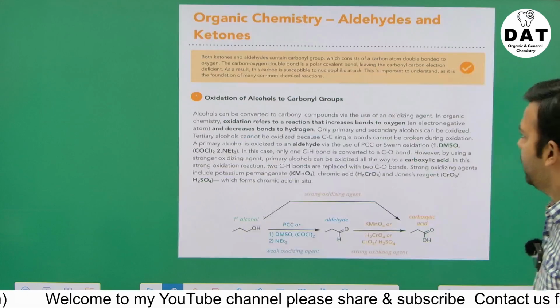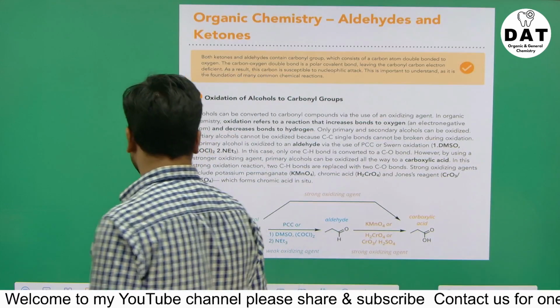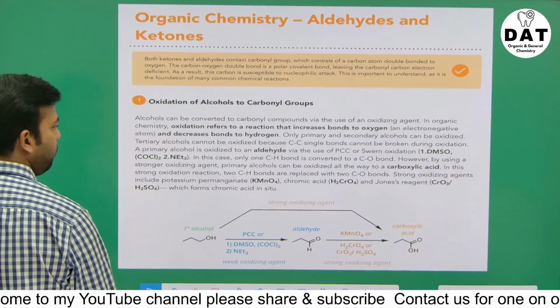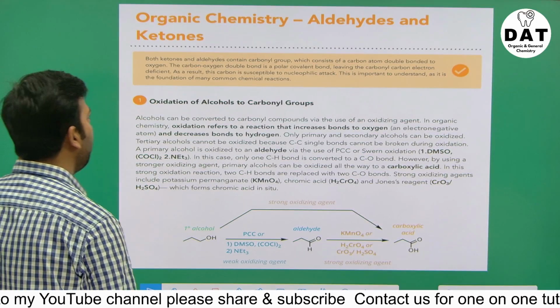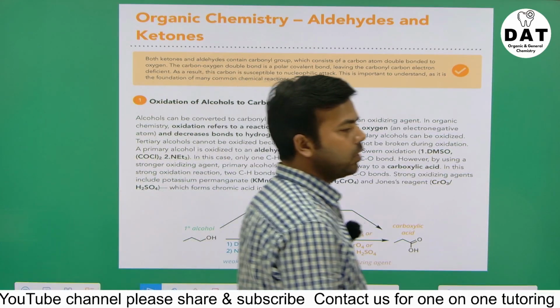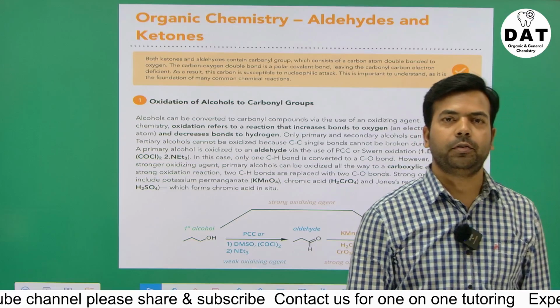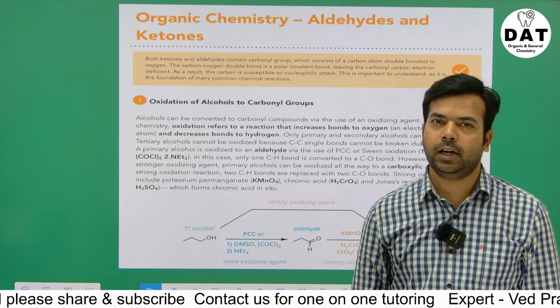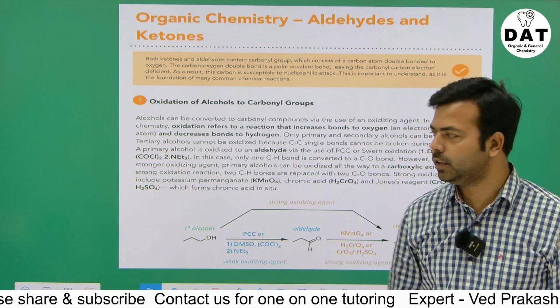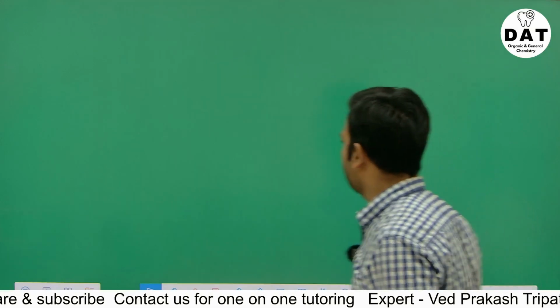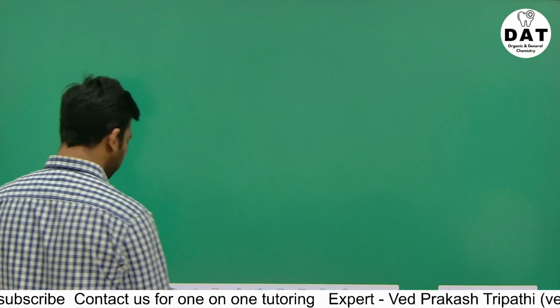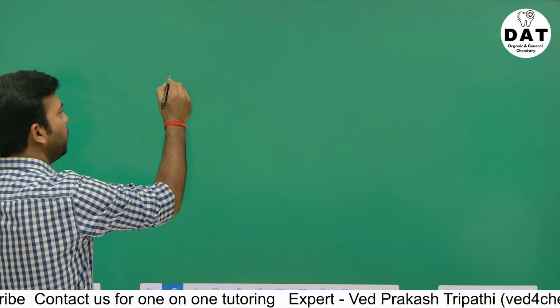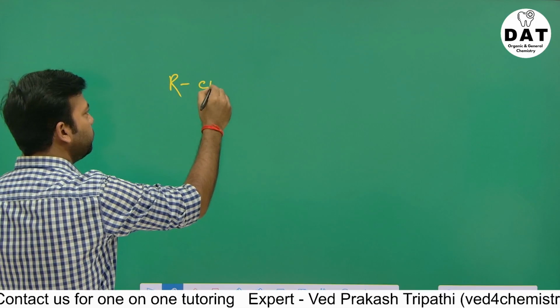Okay, let's discuss this slide. This is talking about the oxidation of alcohol into carbonyl. We all know if you have a primary alcohol, it can oxidize to give you aldehyde, and aldehyde further oxidizes to give you acid. Let me explain this. Look at here. Suppose I am going to start with the primary alcohol.